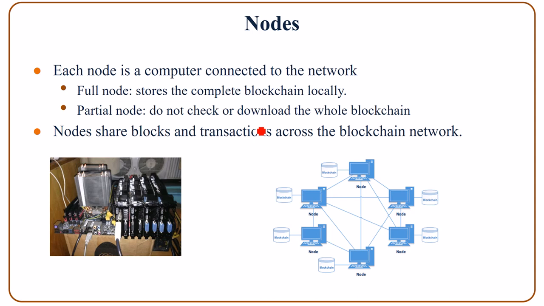They do not check or download the whole blockchain. A miner in the blockchain creates blocks in the blockchain, which other nodes keep. Basically, the miner works on transactions to come up with the hash to store the information. Nodes share blocks and transactions across the blockchain network.